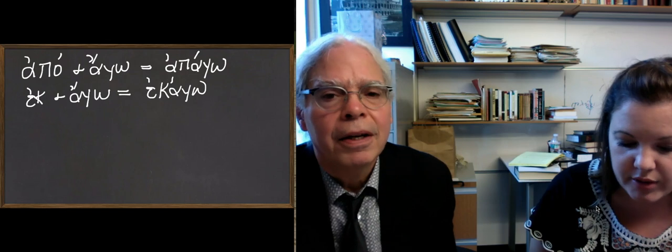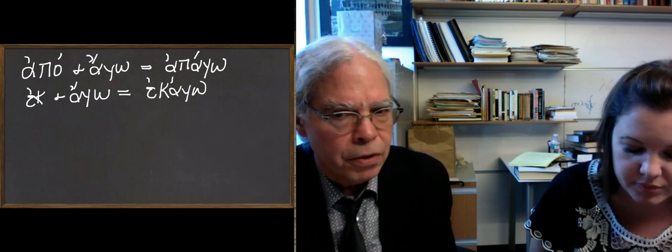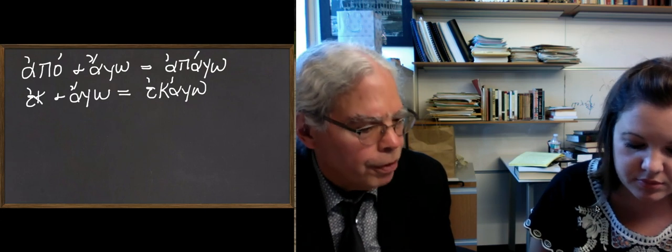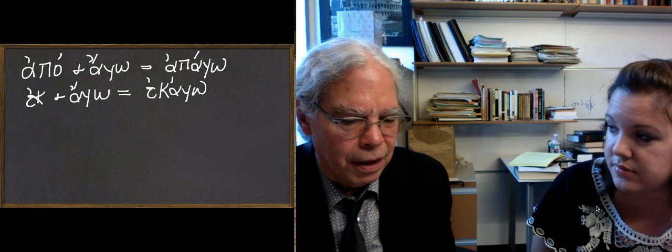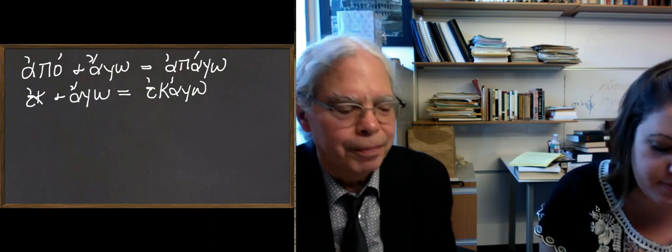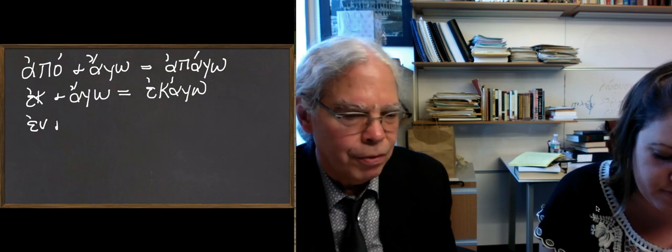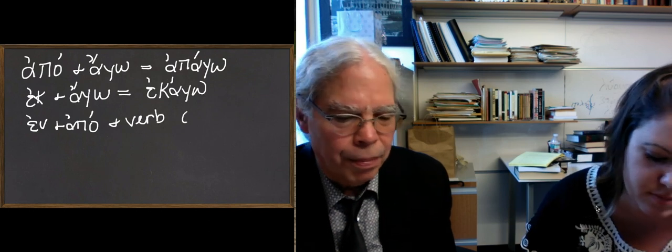It's a huge resource of this language. There are a few places where you have two preverbs, like en plus apo plus a verb. We haven't had any of those, but we'll see examples of that later on. And they just apply both forms.